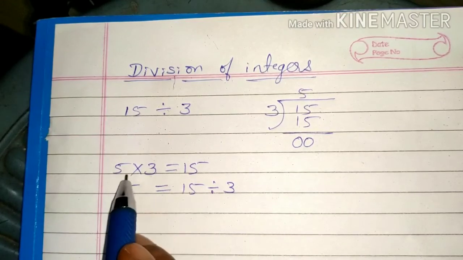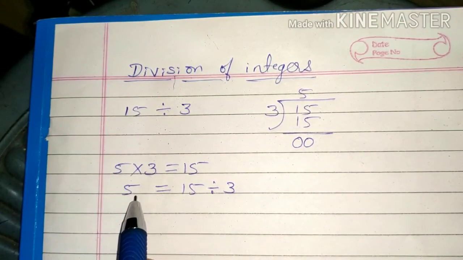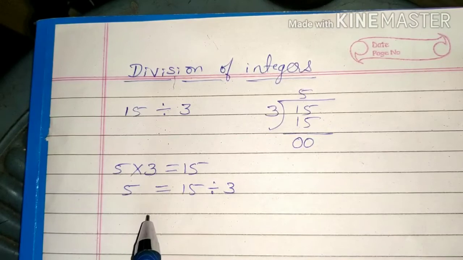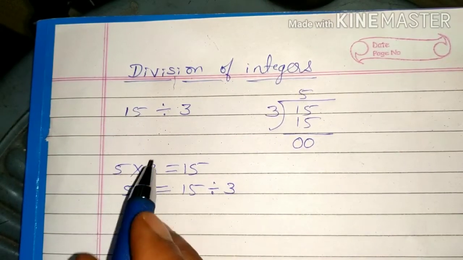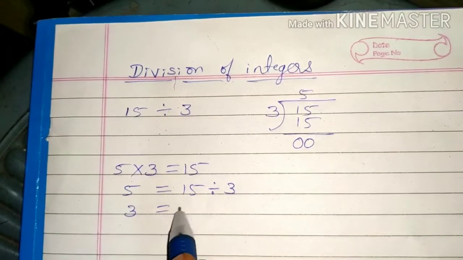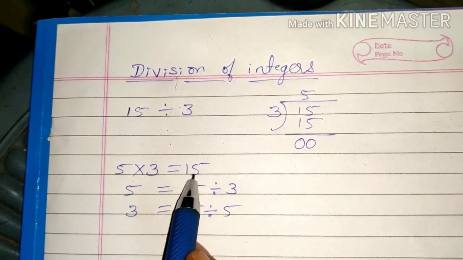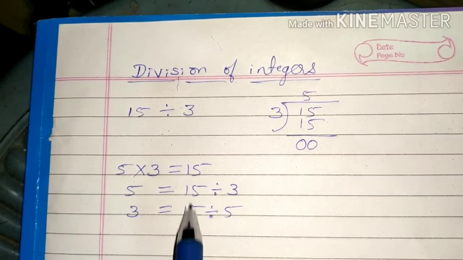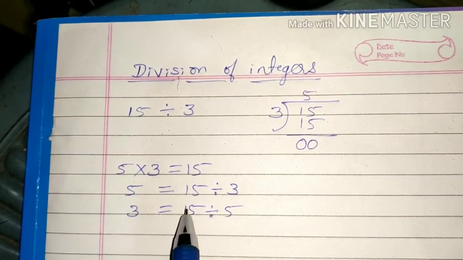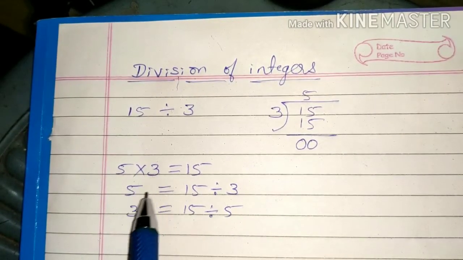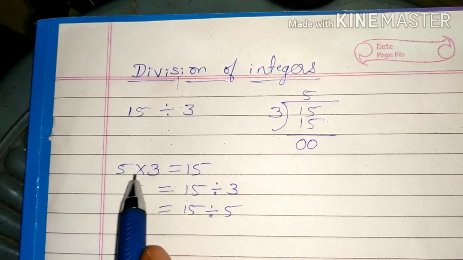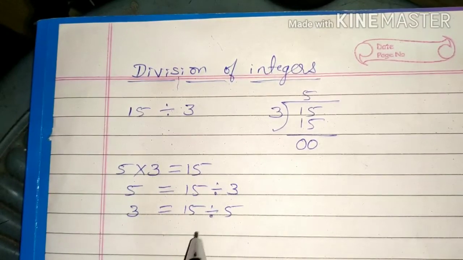Therefore multiplication and division are inverse procedures. I can also write 3 equals 15 divided by 5. For every multiplication we have two different division steps. So division is nothing but the inverse process of multiplication.